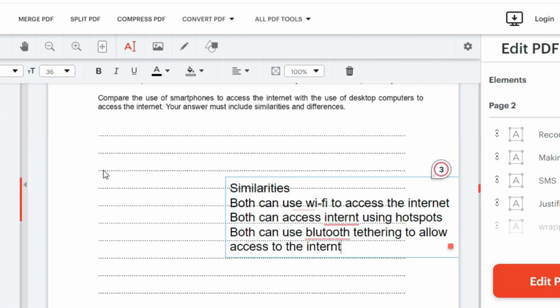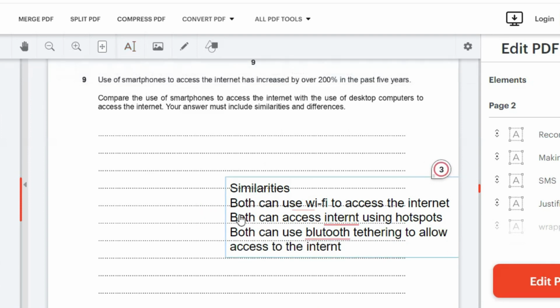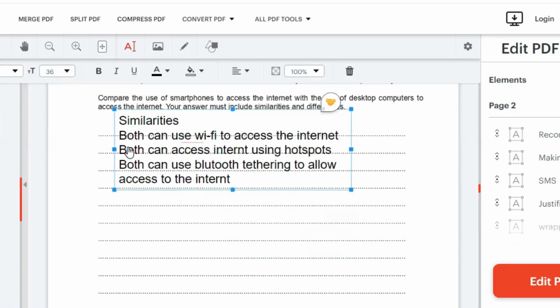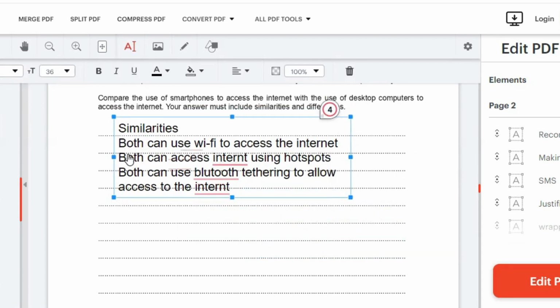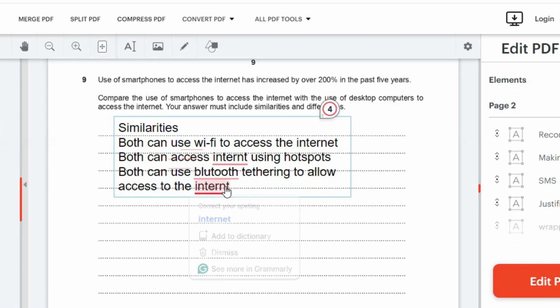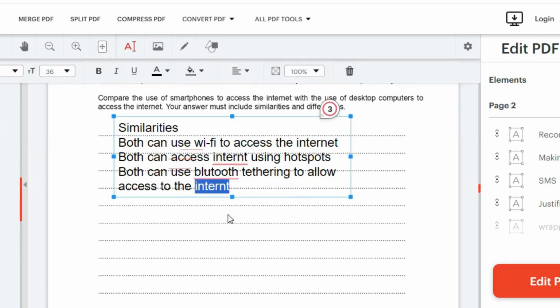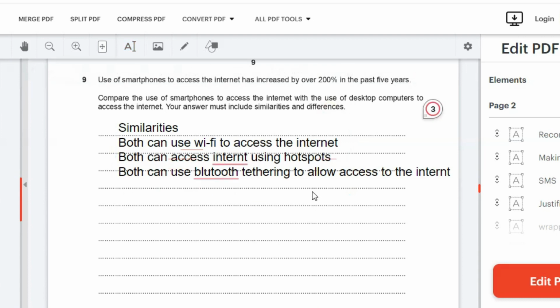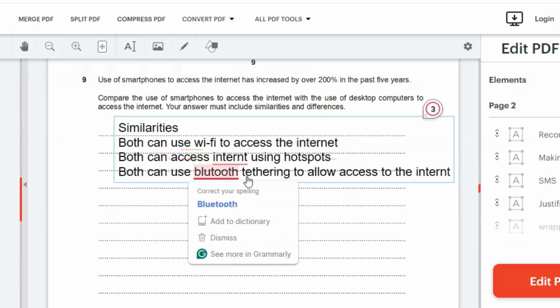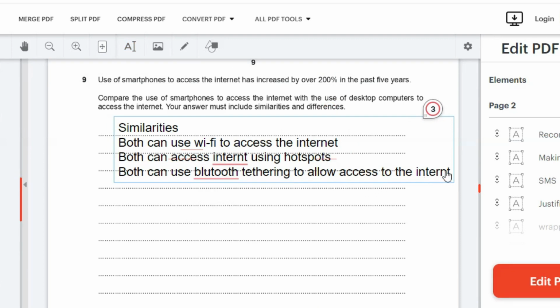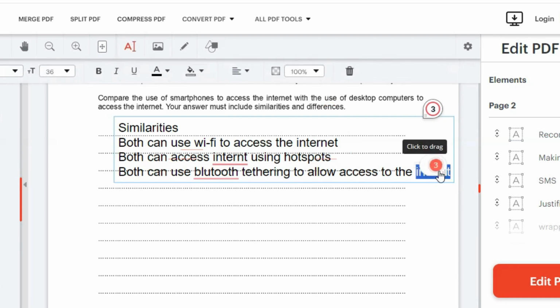So these are the three similarities I'm going to give you. All right, so we look at three differences also. So let's look at the differences now.